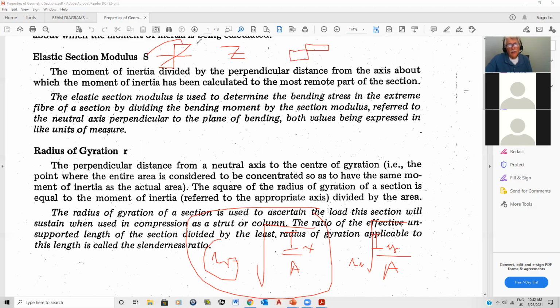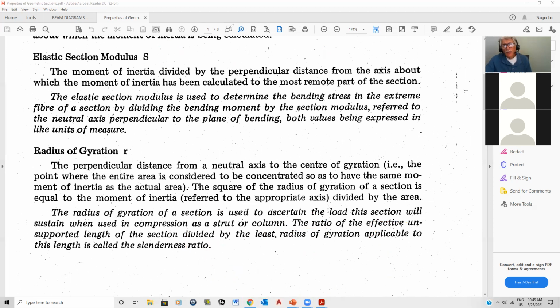So you don't have this triangular shape, you actually have rectangle and rectangle. This is very easy to calculate. You take the centroid of each half, multiply by the distance, and multiply by the area of the two, and you get your Z value. The tables don't have it, but you're going to be using the plastic section modulus a lot in structural steel, because steel can actually have the whole section plastified before it fails, depending on other criteria.